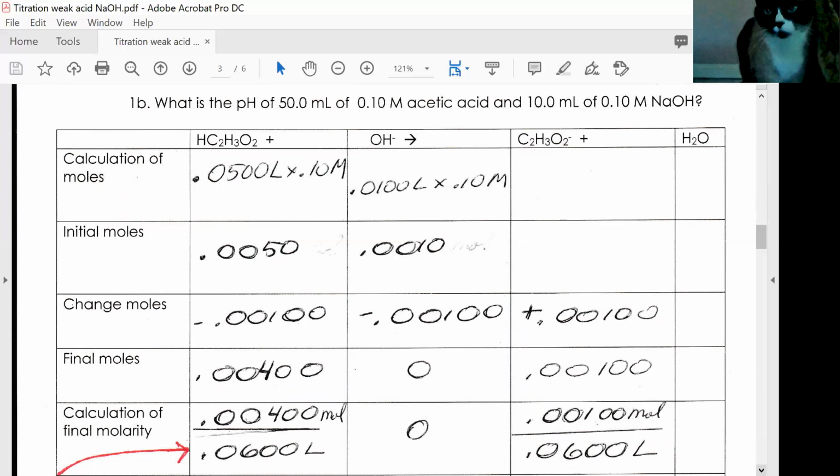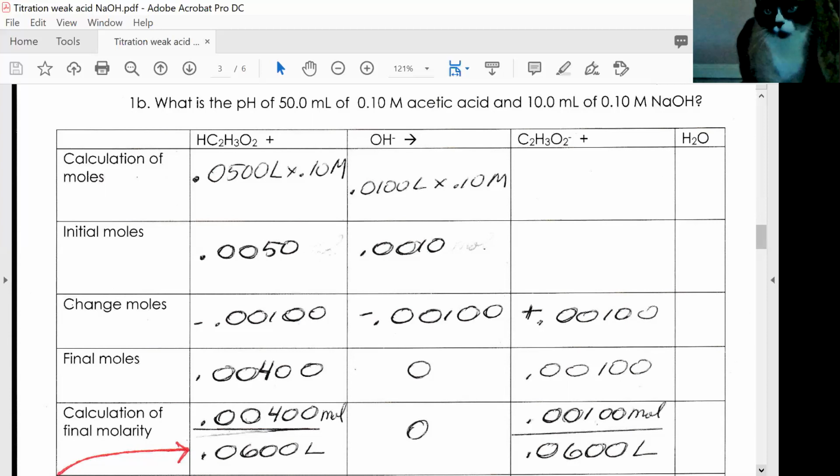So when you calculate your initial moles, you have 0.0050 moles of acetic acid, 0.0010 moles of hydroxide, and this is, again, a limiting reagent problem. For your change of moles, hydroxide is your limiting reagent.